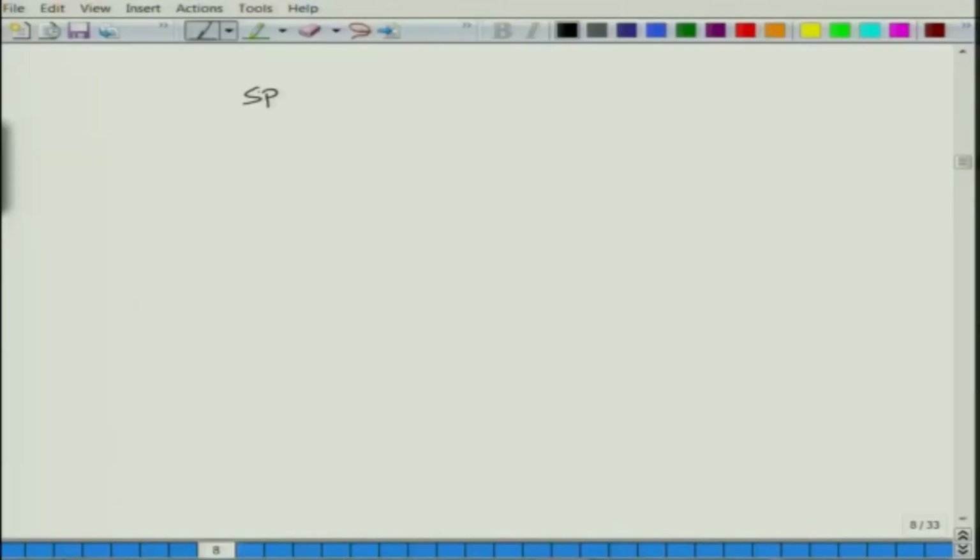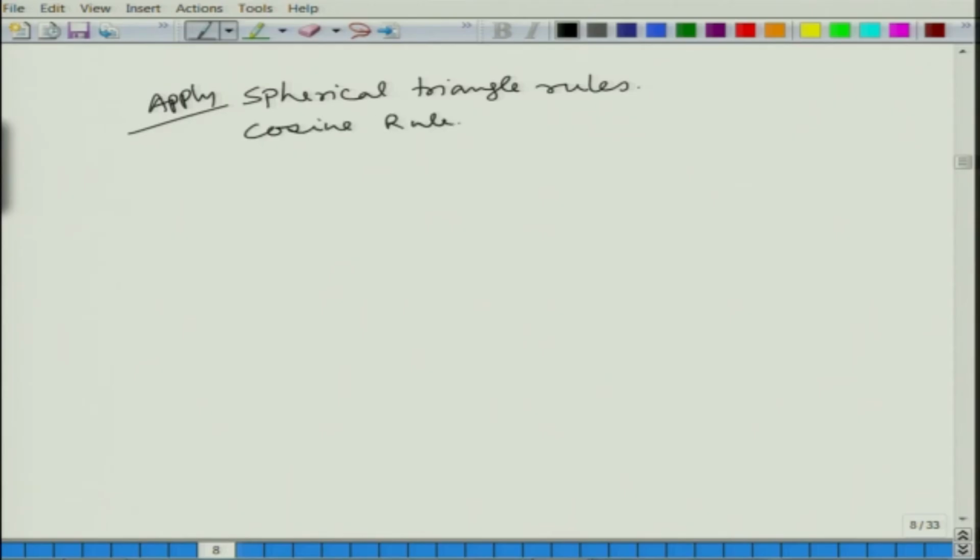So, apply spherical triangle rules. So, the cosine rule is, we have seen it. So, here we can write our cosine rule. What is that? That is this rule, right?